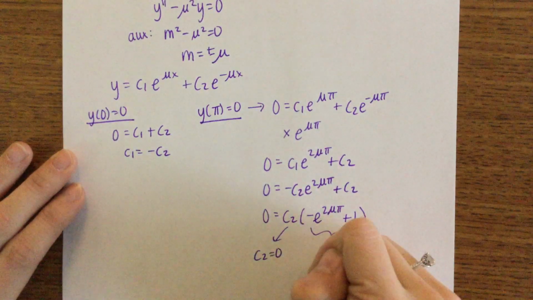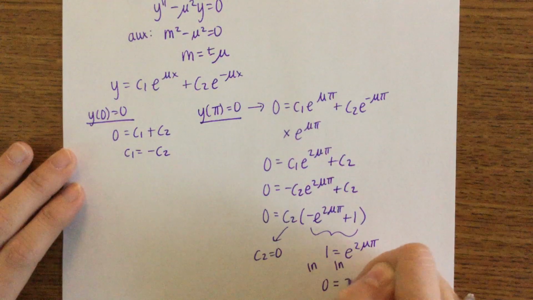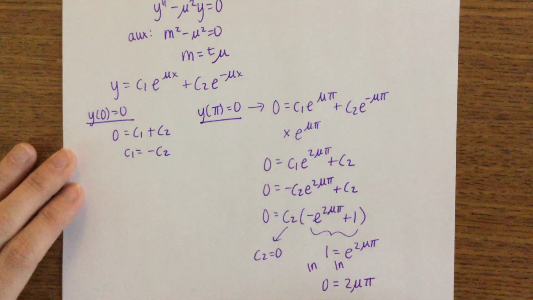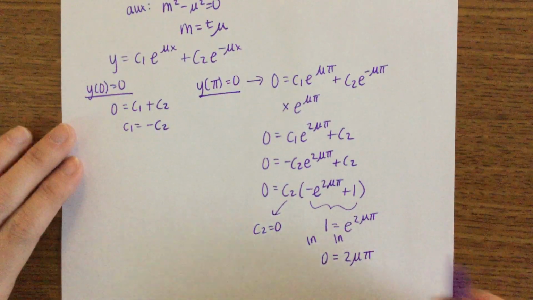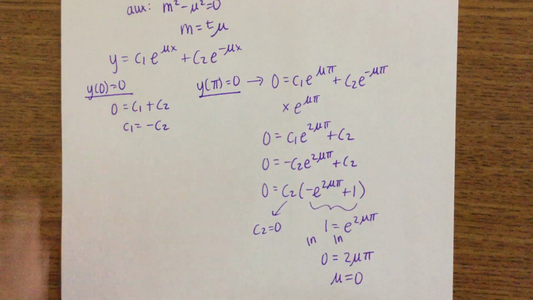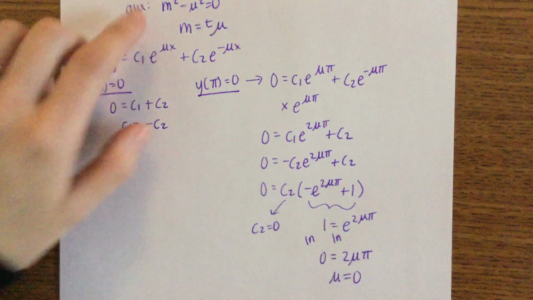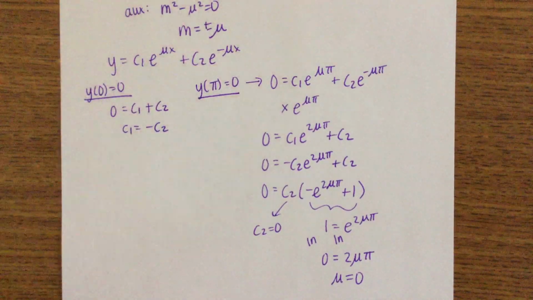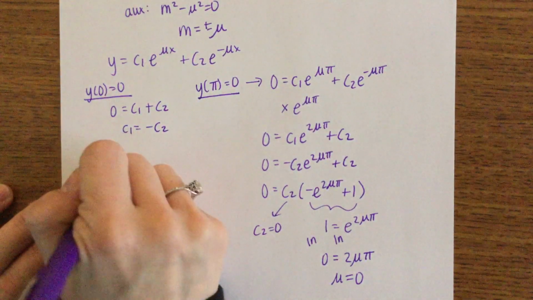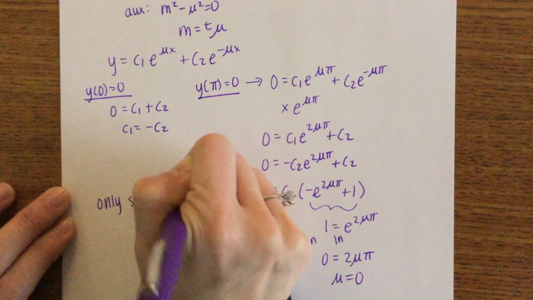If I take the natural log of both sides, I get 0 equals 2 mu pi, in which case mu would be equal to 0, which again would be trivial. That's not something that we're interested in. If that's the case, our equation would have just been y double prime equals 0. This tells us that the only solution is y equals 0.